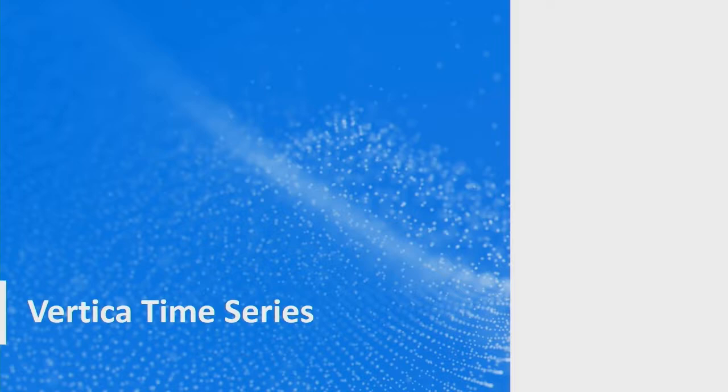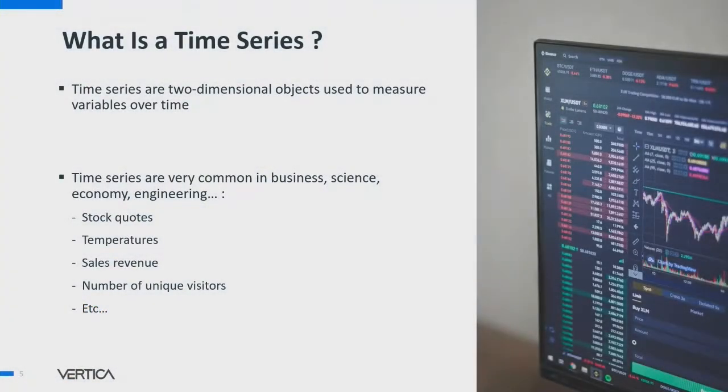And within time series, let's just do a quick refresher of what a time series is. In practice, it's two variables. One is time, and the second is the value of the variable at a specific time. So each element of a time series consists of essentially the position in the time axis and the variable value.